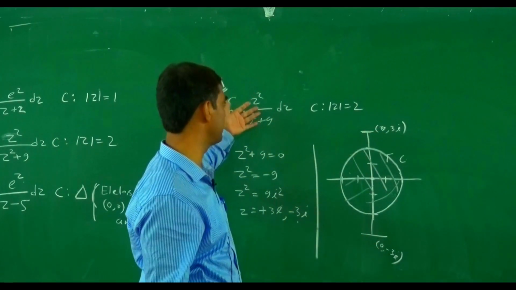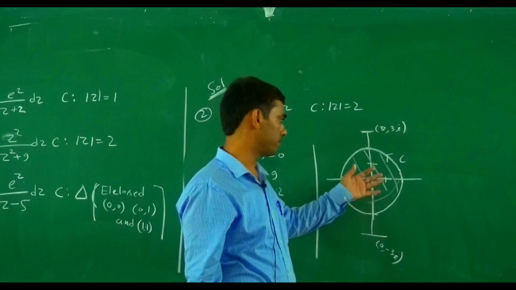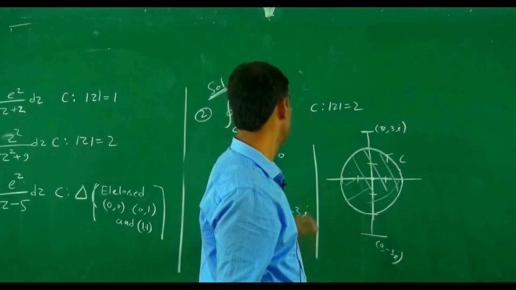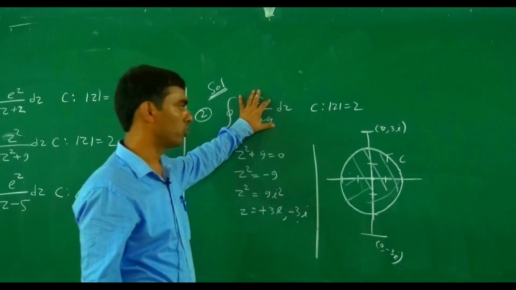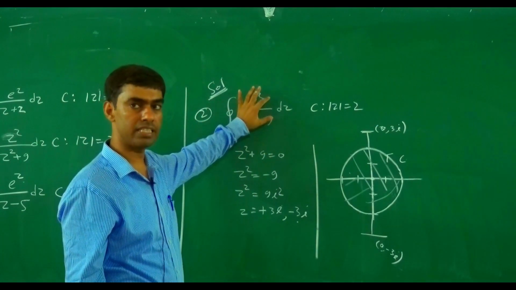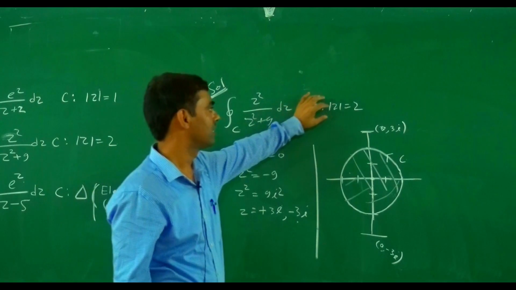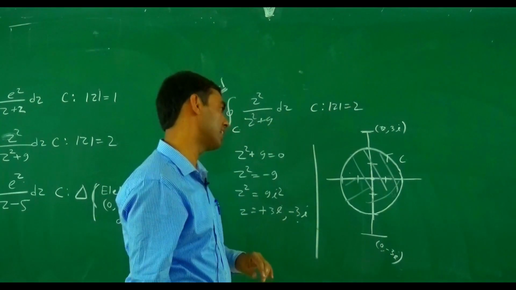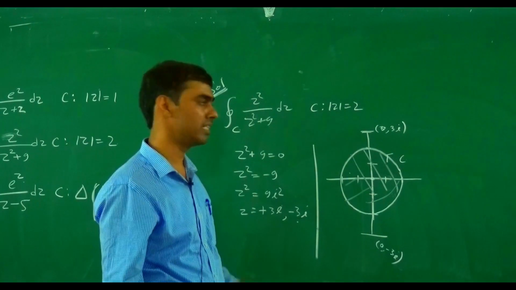So if we find the derivative, then f dash z is continuous inside this closed curve C. So at any points inside this closed curve C, fz is analytic as well as f dash is continuous.